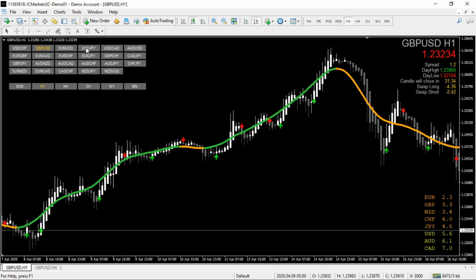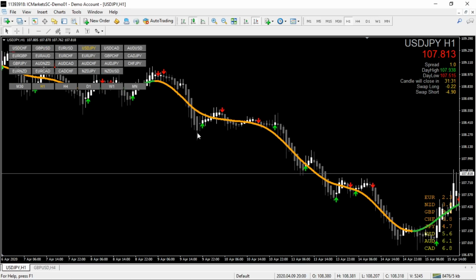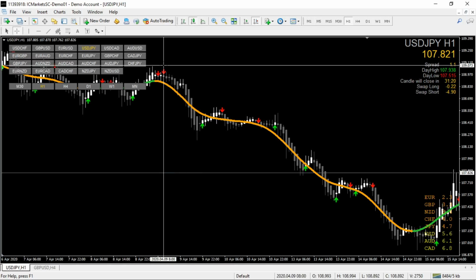Then we'll move on to USD JPY. So here you can see a clear downward trend in the USD JPY chart. So if you enter a sell trade here, you can easily collect closer to 200 pips from this trade.